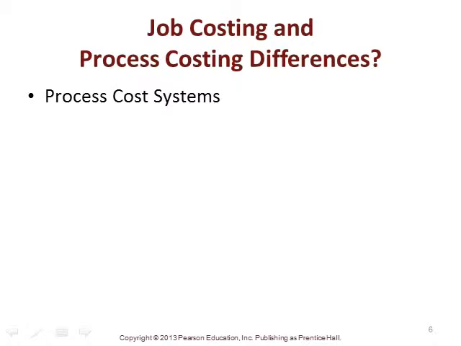So now let's look at what we're talking about when we talk about a process cost system. With process costing, we generally have a series of manufacturing processes. So we may go through Department 1, which may be assembly, then Department 2, which could be cleaning or final preparation, and then Department 3, which could be packaging.